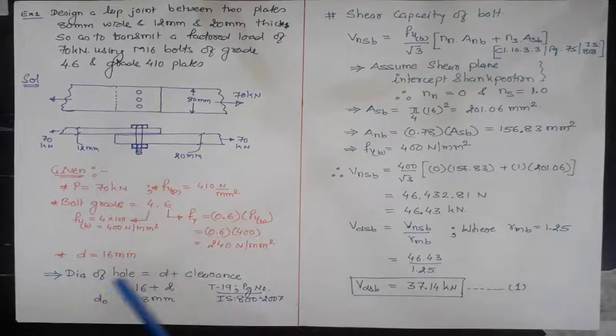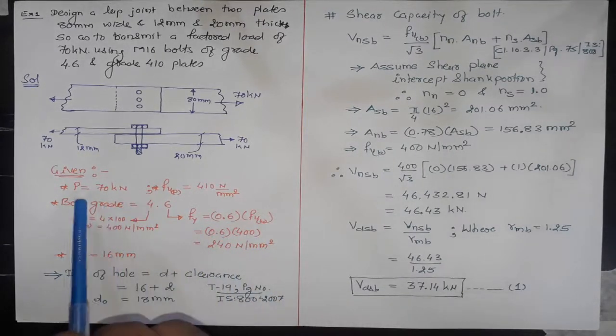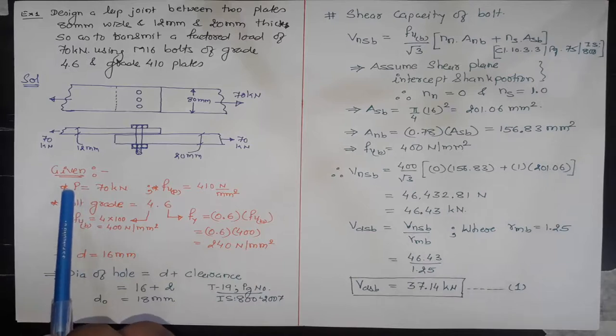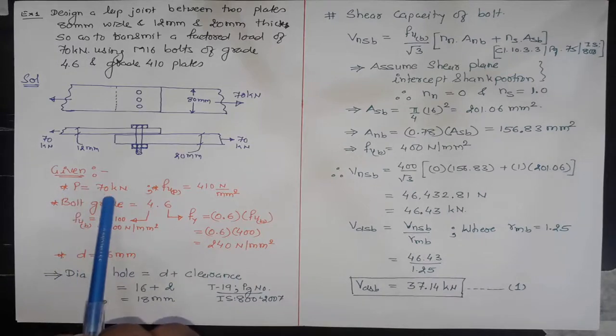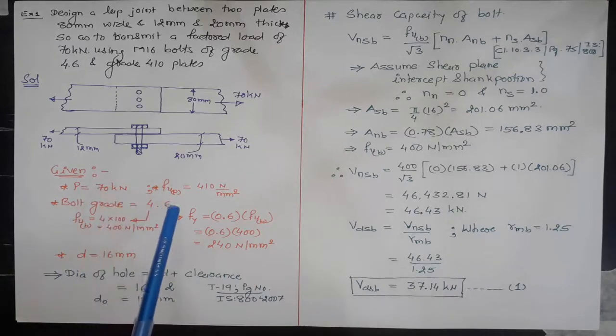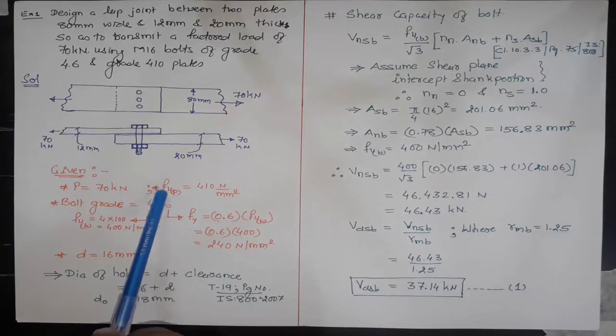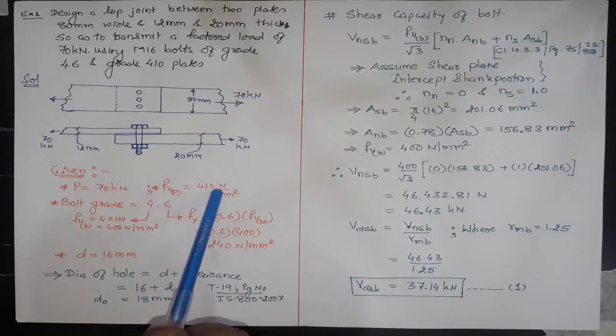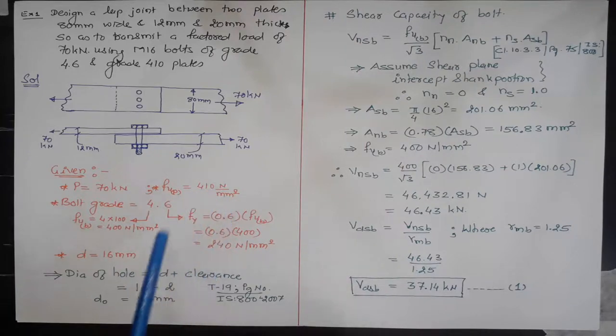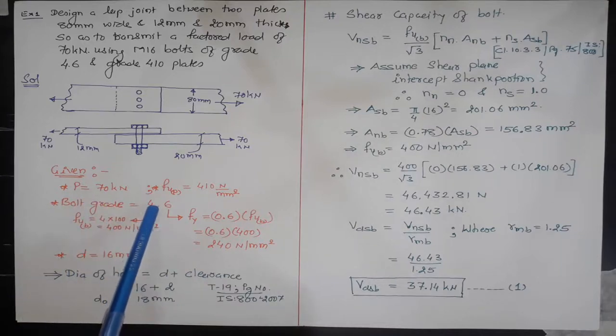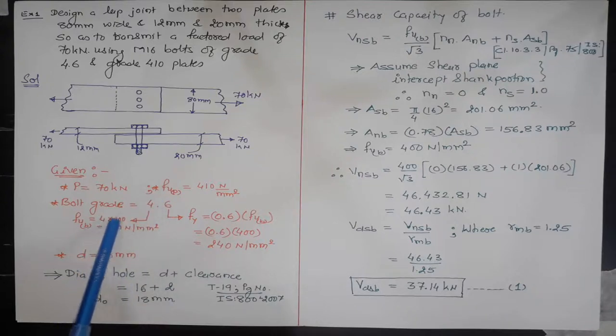Here the given data are like this. P, that is the factored tensile force, P is 70 kN. Ultimate stress carrying capacity is represented by fup, which is 410 Newton per mm square. Here the grade of bolt is given as 4.6. That means this 4 represents the 100th part of its ultimate capacity.